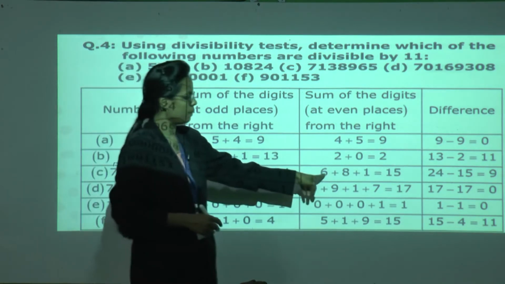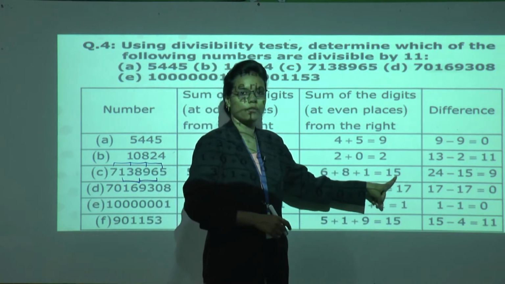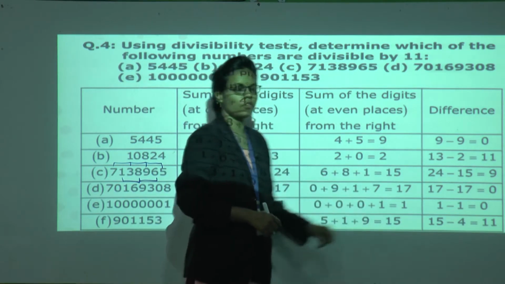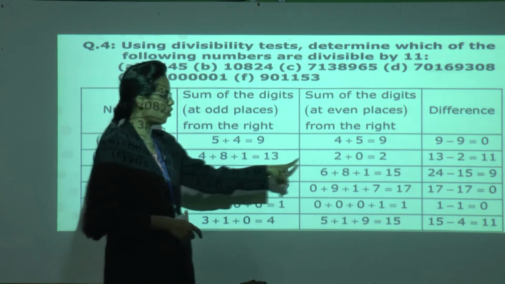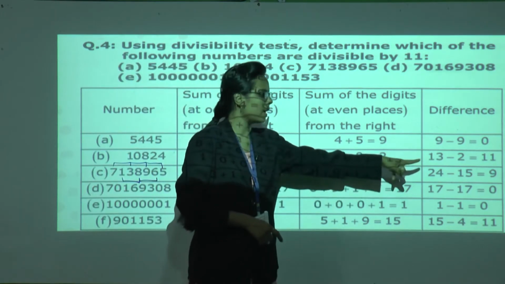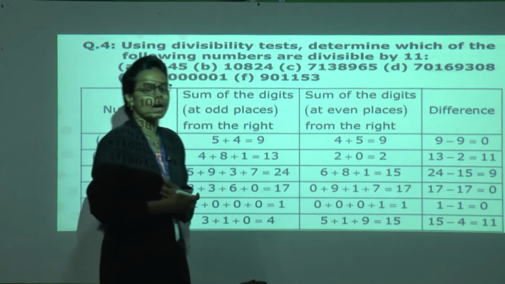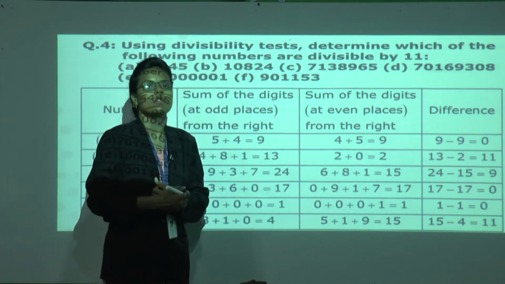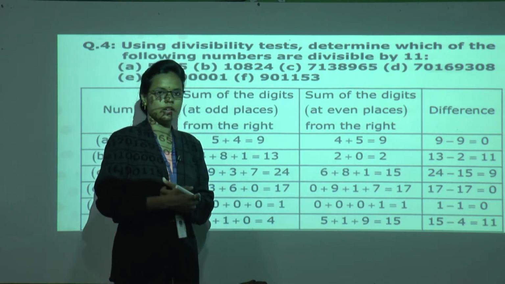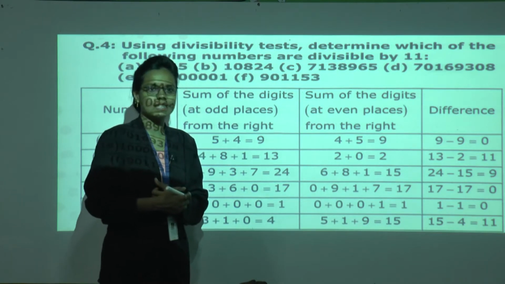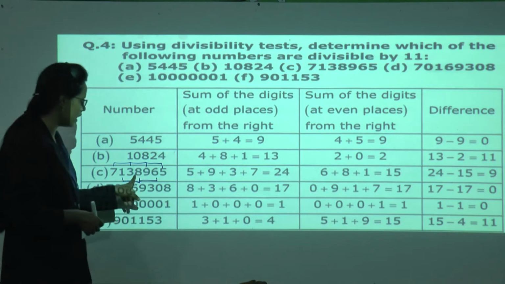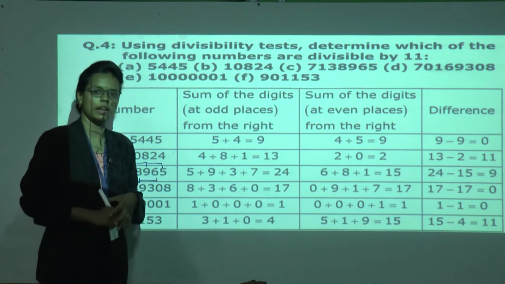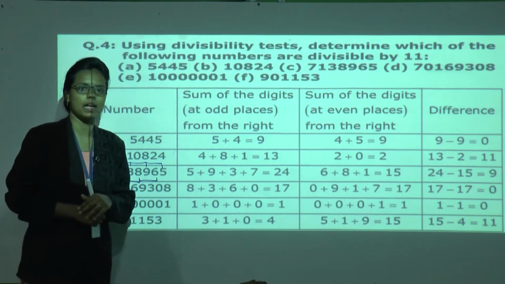So 6 plus 8 plus 1 is 15. Now we find the difference. 24 minus 15 is 9. Is 9 divisible by 11? No, 9 is not divisible by 11. So the number is not divisible by 11.